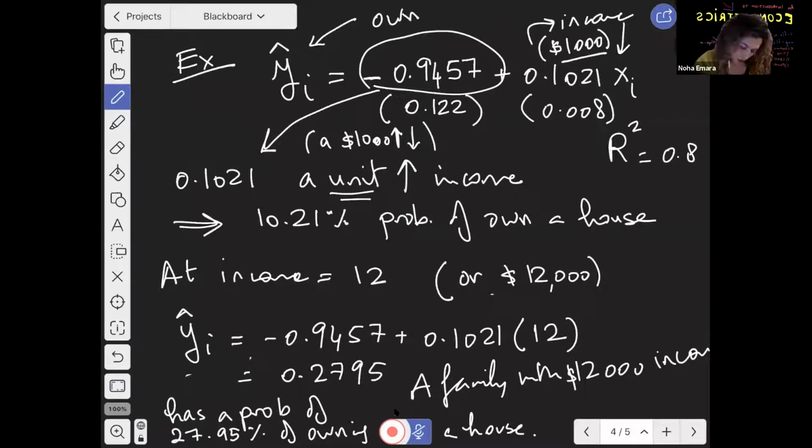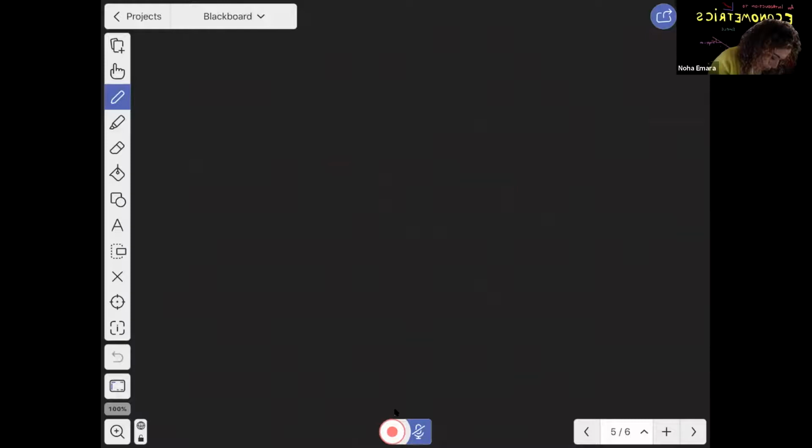Let's use the same model and say, what about at income equal 1, or 1,000? What about at income equal 24, which is 24,000? Compute the probability.